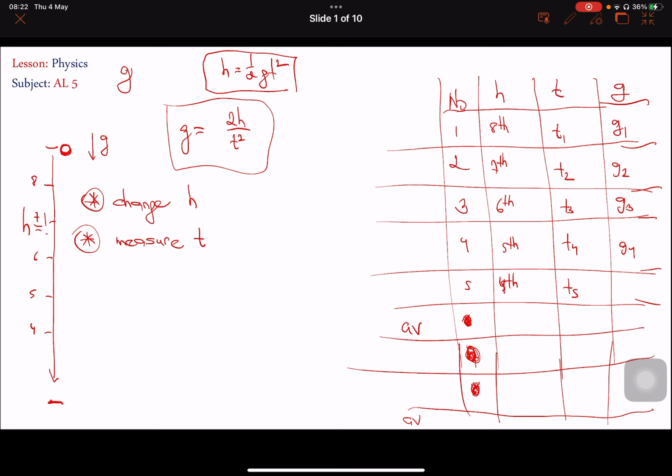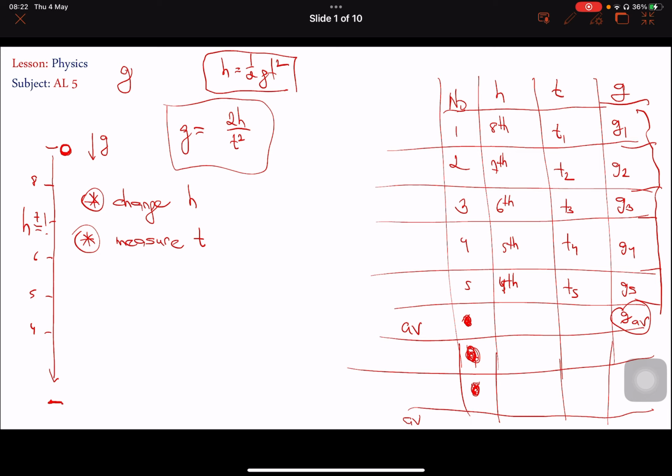Finally, when you measure the G, you take the average of these, and write here G average. You may calculate it with the T average if you wish, but I think it will be obtained from this G.